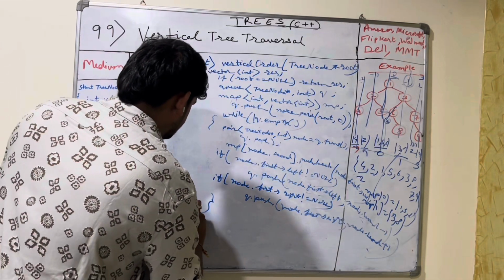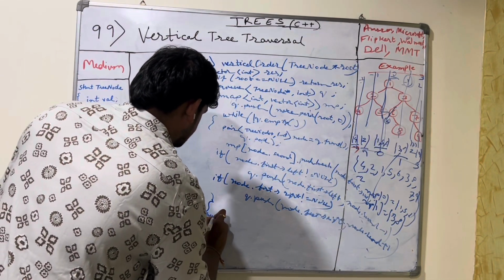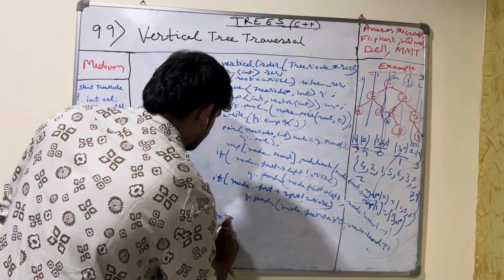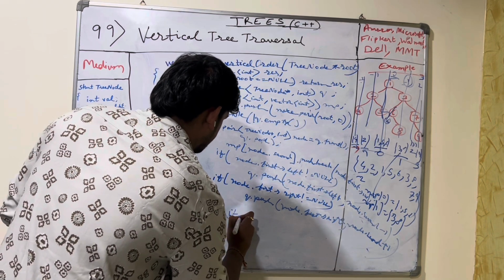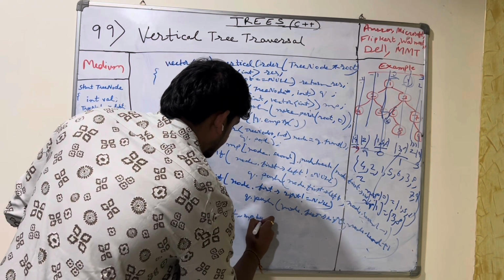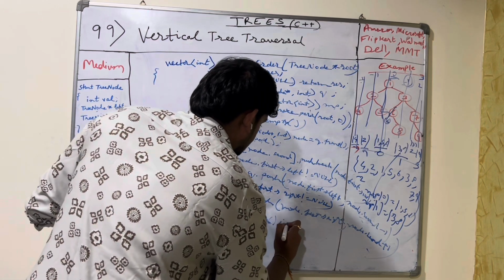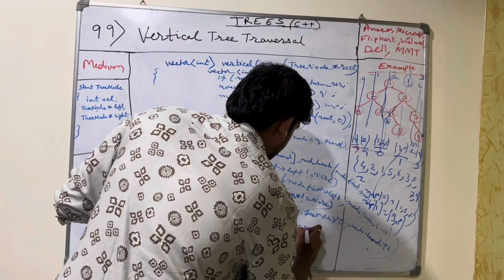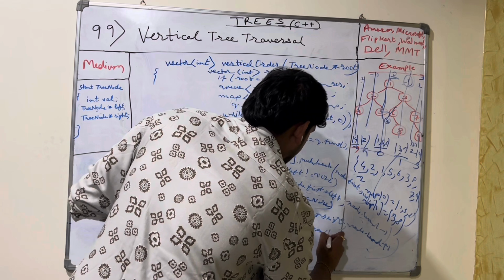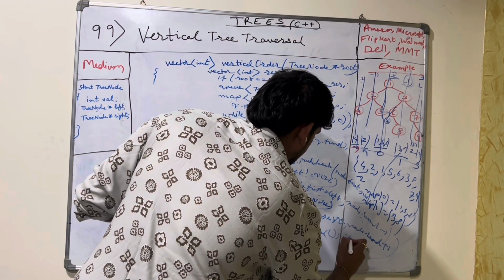Now we just traverse the map: for auto it equal to mp dot begin, it not equal to mp dot end, it plus plus.